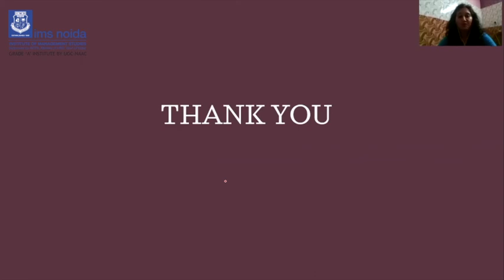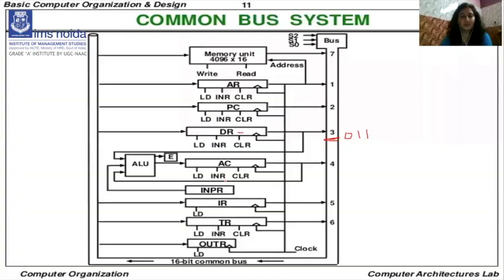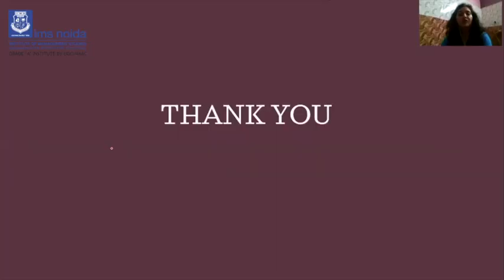Through the common bus system, how various devices, how various types of registers communicate, then we can easily explain this with this diagram: there are various types of registers, how these are connected, how they communicate and share information with various registers through a common bus, right?